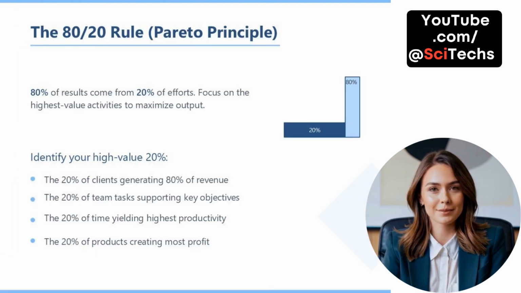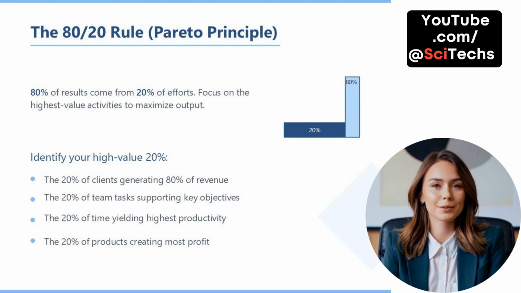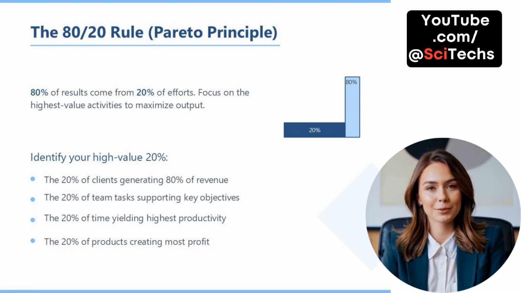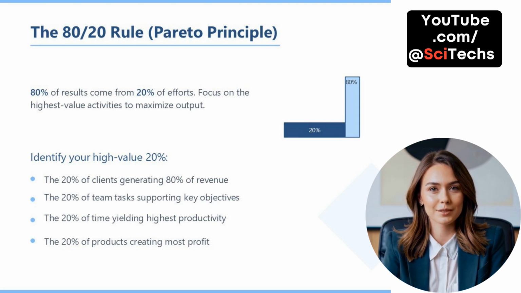The 80-20 rule, Pareto principle. The Pareto principle, or 80-20 rule, reminds us that 80% of results typically come from 20% of efforts. This principle applies across the board, whether it's revenue, productivity, or team performance.